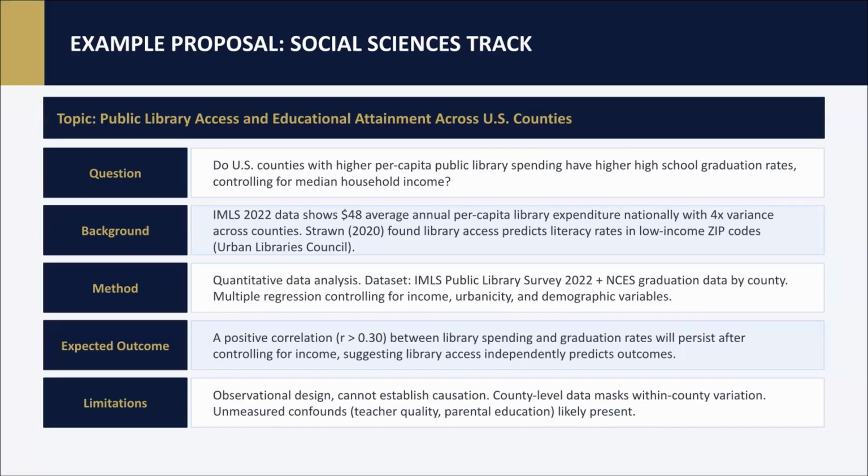Method: quantitative data analysis, and then multiple regression controlling for income, urbanicity, and demographic variables. Expected outcome: a positive correlation, over 0.30, between library spending and graduation rates will persist after controlling for income, suggesting library access independently predicts outcomes.